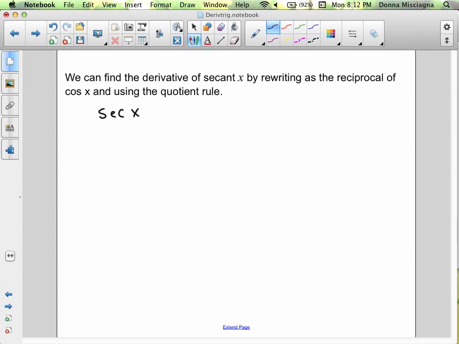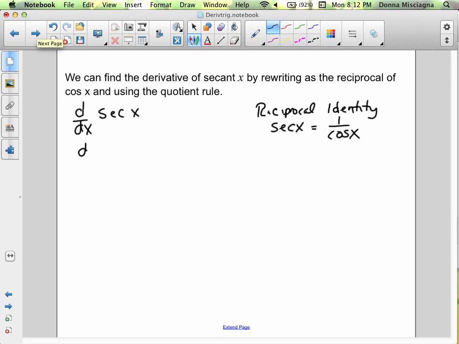So we want to find the derivative now of secant x. Let's say we don't remember it. Using a reciprocal identity, secant x is the same as 1 over cosine x. So we could replace secant x with 1 over cosine x.